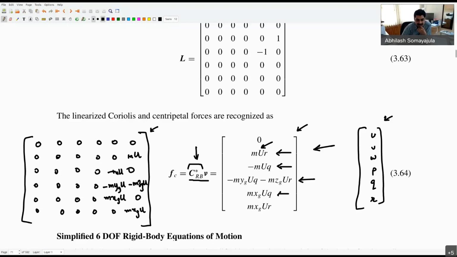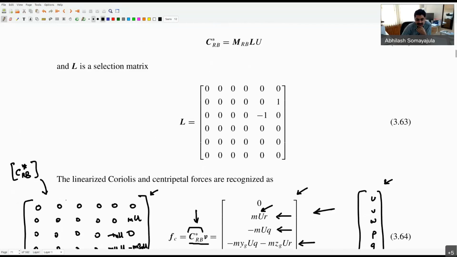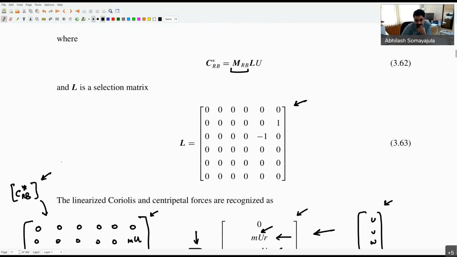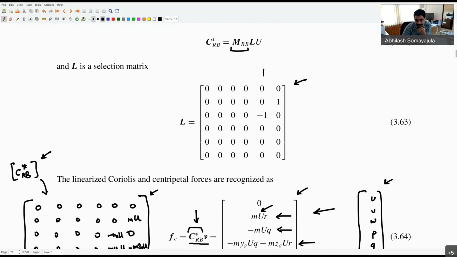Now this so-called CRB star matrix is nothing but something we can obtain if I took the MRB matrix and multiplied it by this L matrix; I'll get this CRB matrix. It is not very difficult to show this, so I'll leave it as an exercise for you to try out. Notice that you will have only a negative one in the fifth column and one in the sixth column.